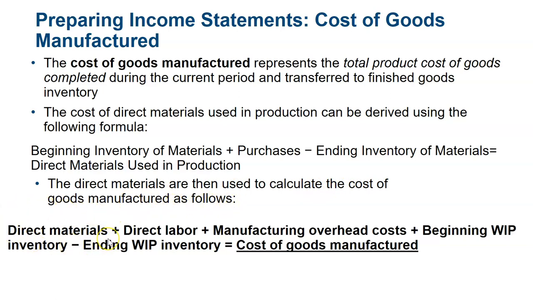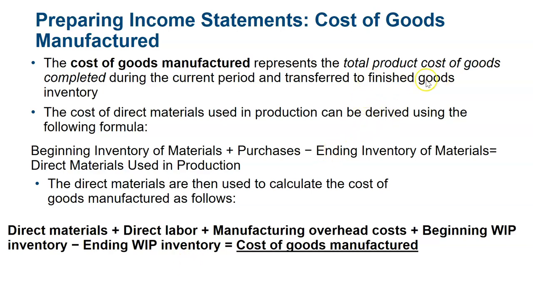Direct materials used, plus direct labor, plus manufacturing overhead cost, plus beginning work in process inventory and minus ending work in process inventory equals cost of goods manufactured. So, we've introduced some new terms here, have we not? We have.